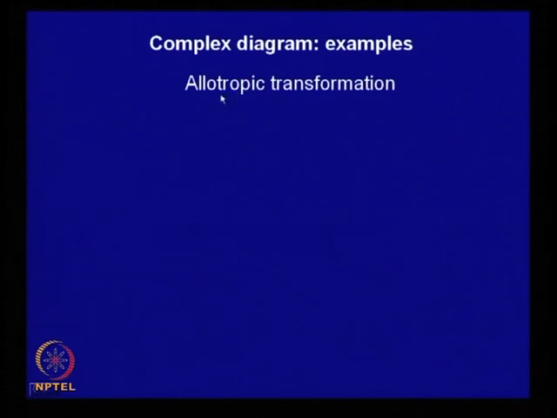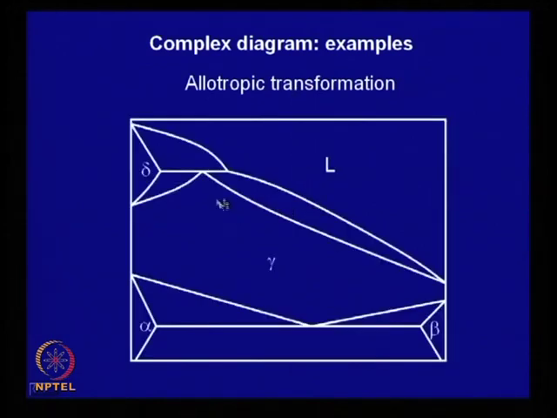Let us say we have both metal A and B, and say one of them undergoes an allotropic transformation. I have not specified any of these previous phase diagrams, but one example I am giving here.